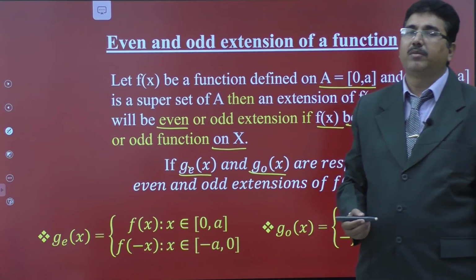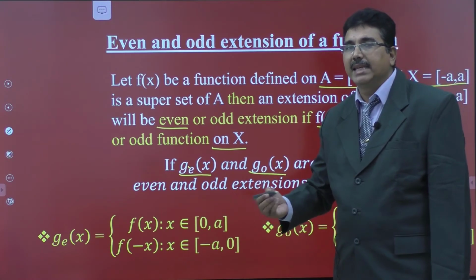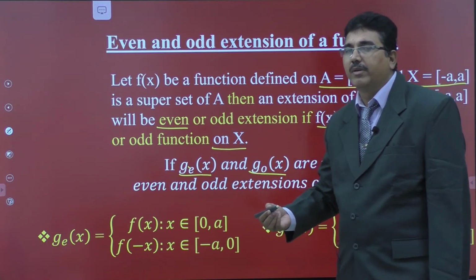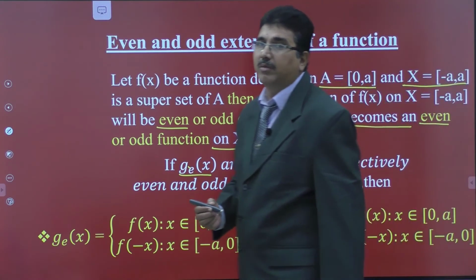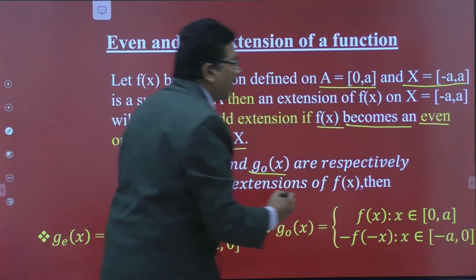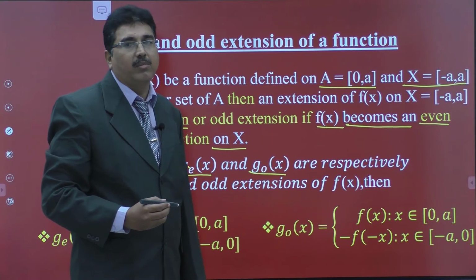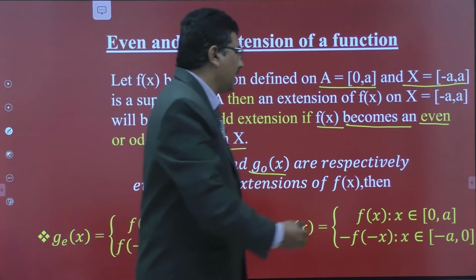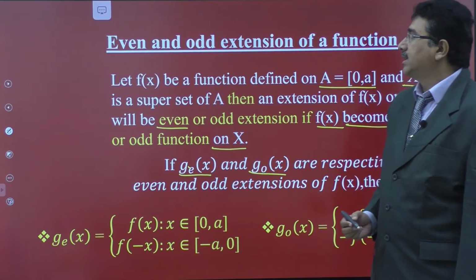The definition of an odd function is f of minus x is equal to minus f of x, so that f of x is equal to minus f of minus x when x belongs to closed interval minus a comma 0. This is an even extension and this is an odd extension.